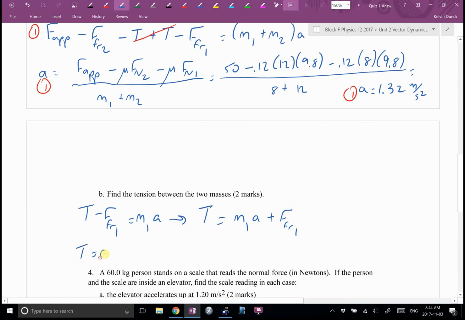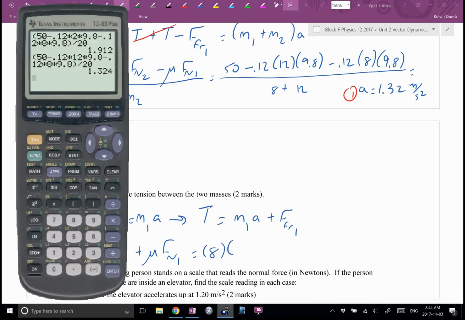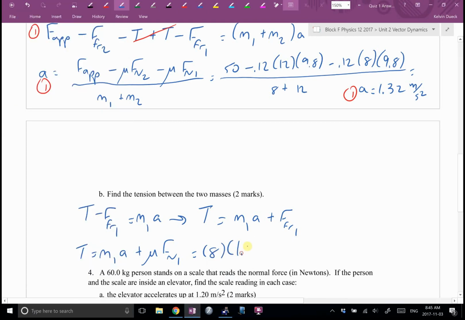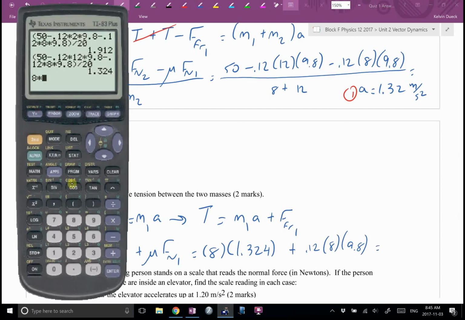Tension is going to be M1A plus mu normal force 1, which is going to be M1 times A, which was 1.324, plus mu, which was 0.12, times 8 times 9.8. 8 times answer button plus 0.12 times 8 times 9.8.